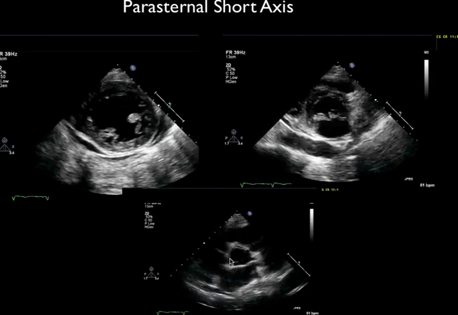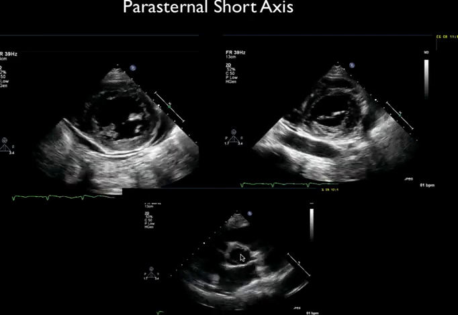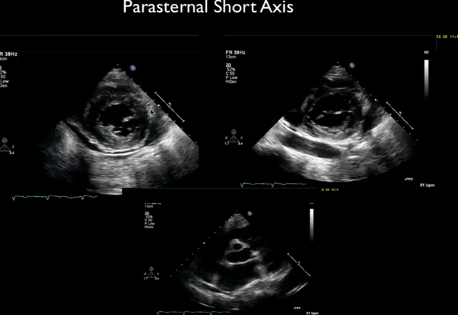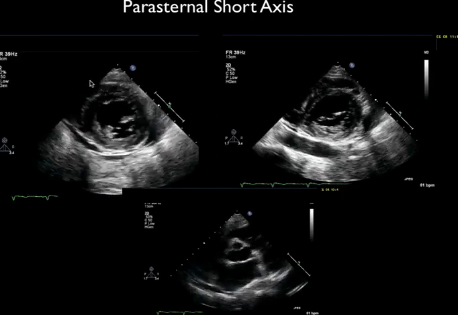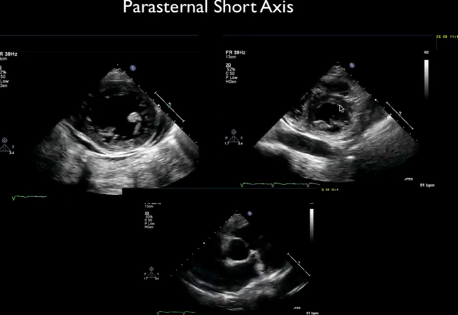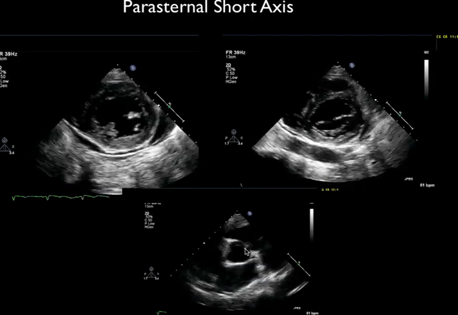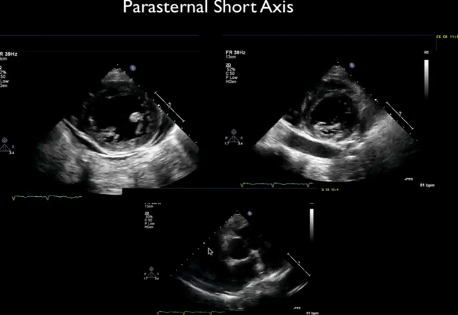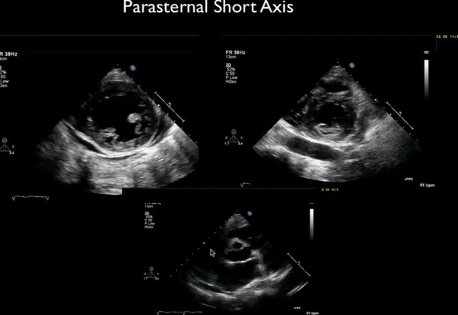And then even more proximally in the parasternal short axis, we can see the aortic valve. Now this whole structure here is all left ventricle. There's a little tiny piece of the right ventricle seen over here. Again, all left ventricle, a little sliver of right ventricle seen up here. Much more right ventricle is seen over here on this more proximal view.